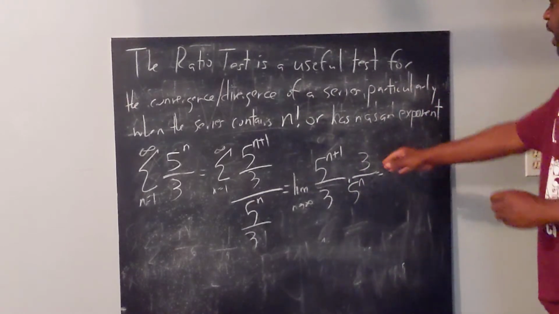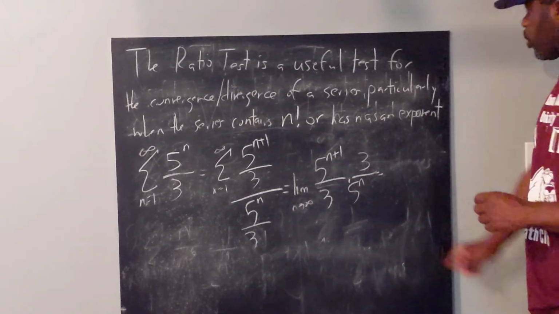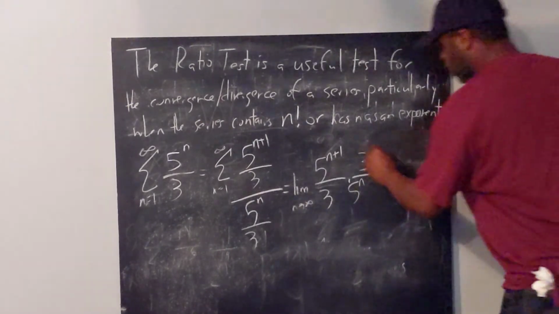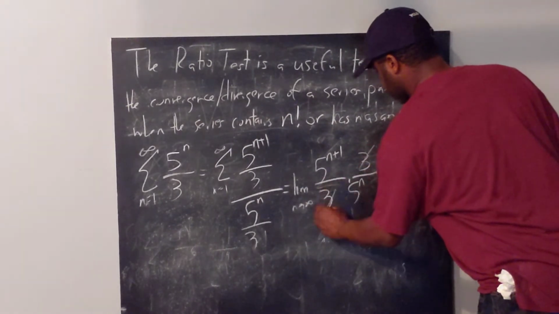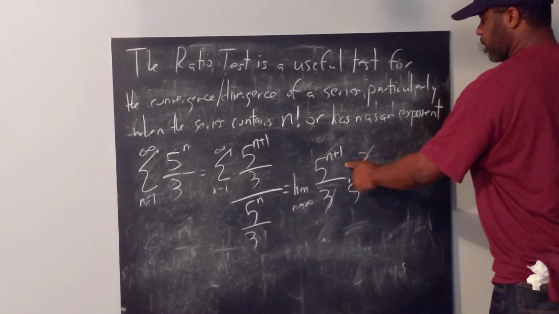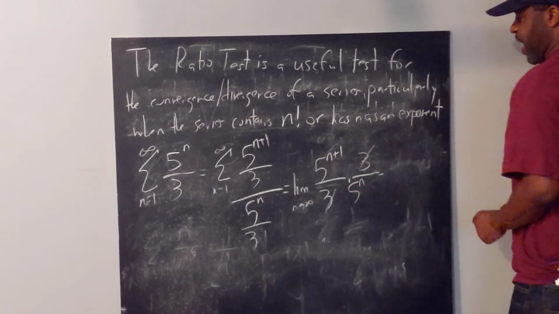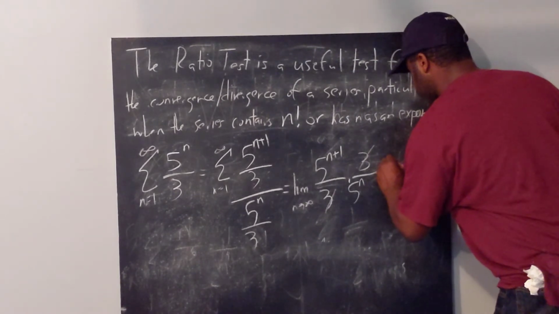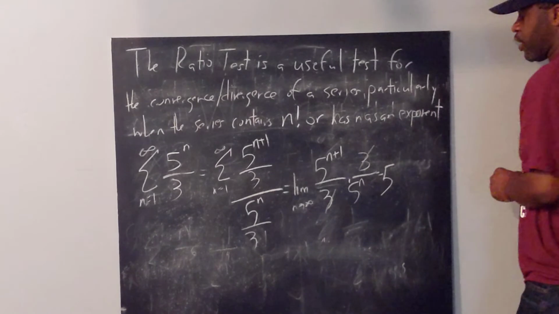All right, so now we have 5 to the n plus 1 over 3 times 3 over 5 to the n. Of course, the 3's will cancel. 5 to the n plus 1 over 5 to the n, that cancels all the time to 5.